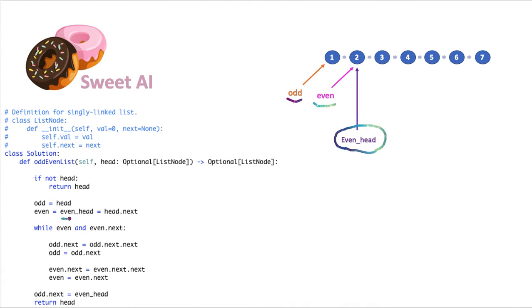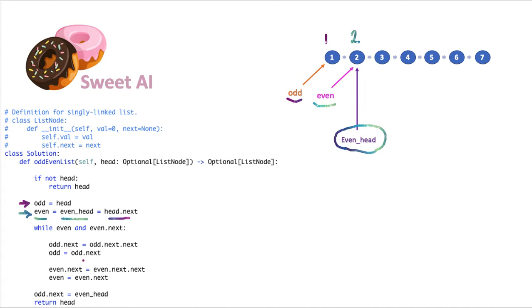As you see here, in the odd variable we are going to save the head, the first one, which is index 1, and we are going to save the one beside it, which is index 2, an even index, in the even and even head variables.